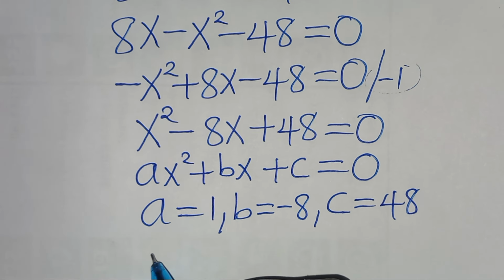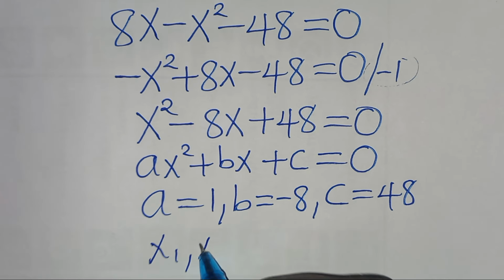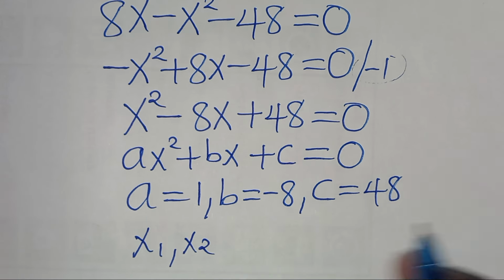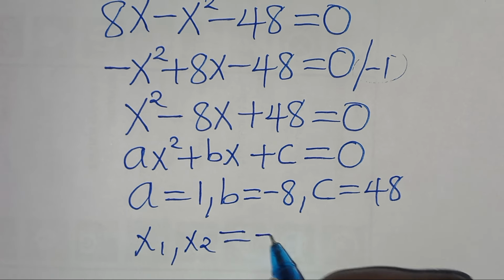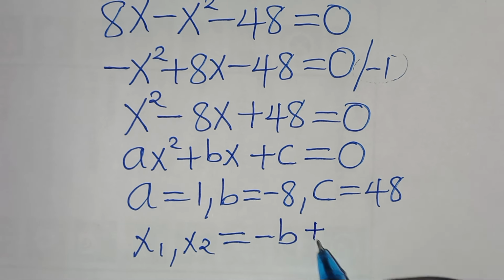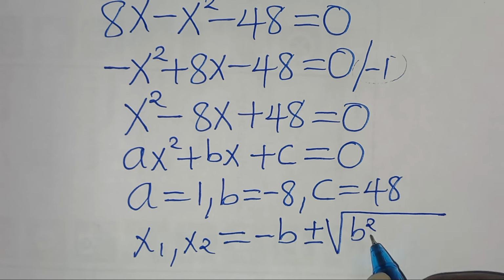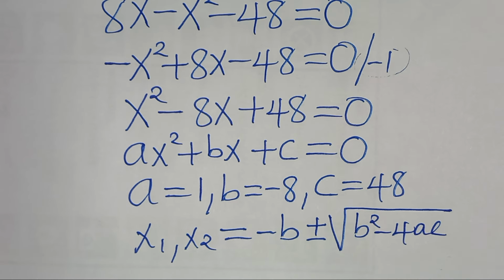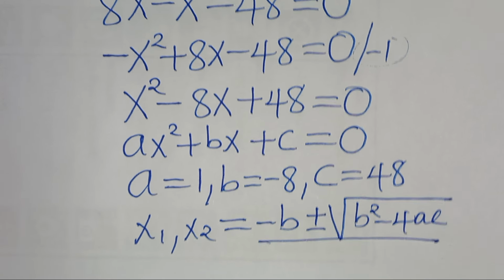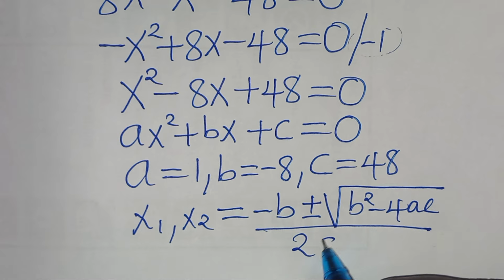So for x1, x2, let's apply the quadratic formula, which is minus b plus or minus the square root of b squared minus 4ac, everything divided by 2 times a.